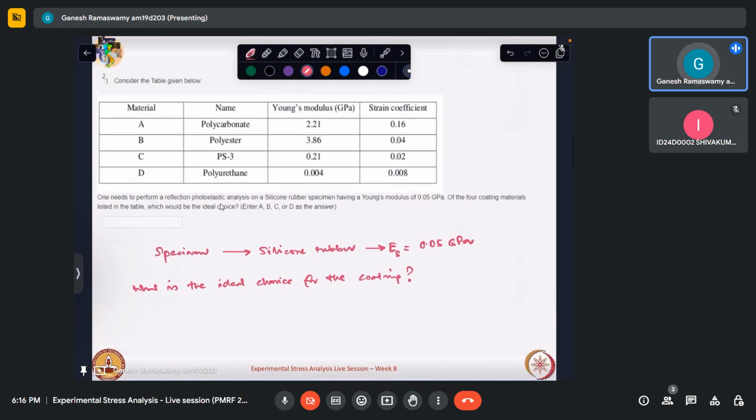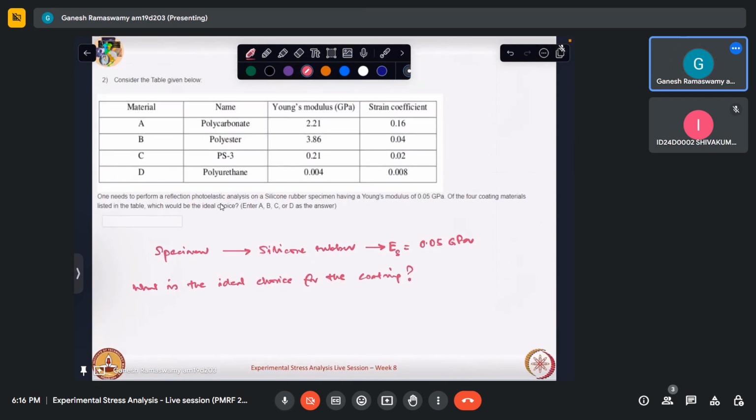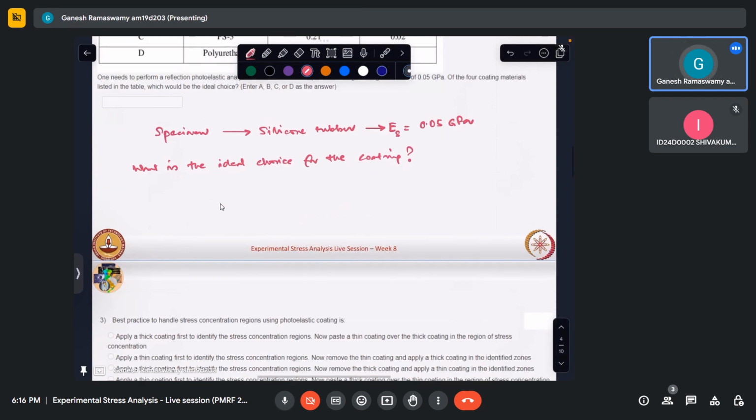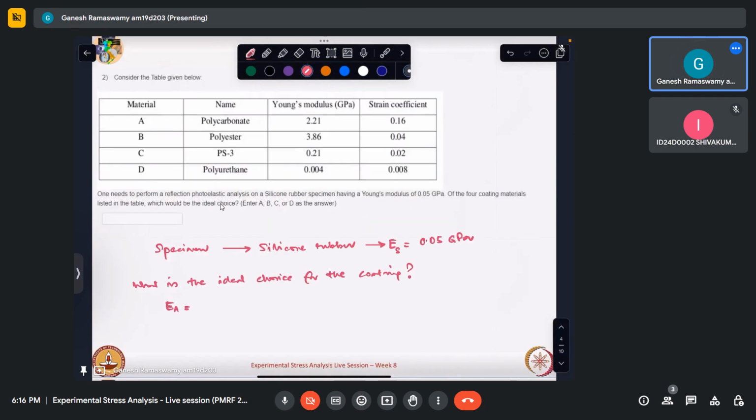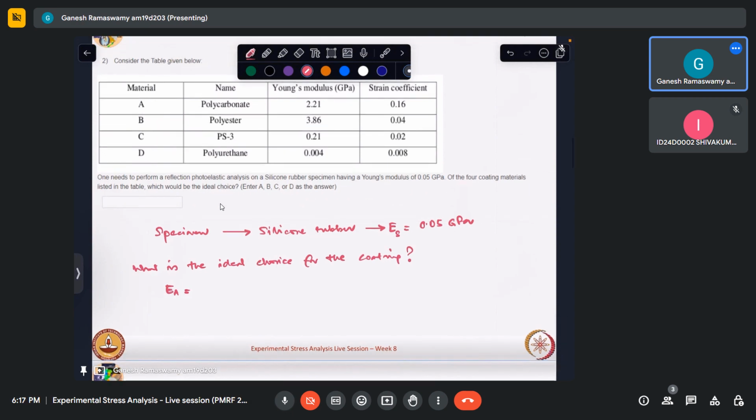And we have been given these properties. E for A, so EA here is 2.21.